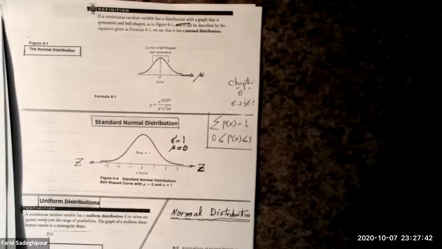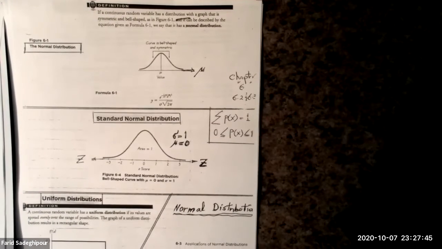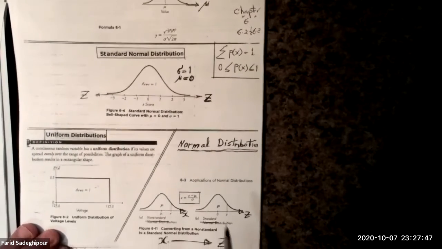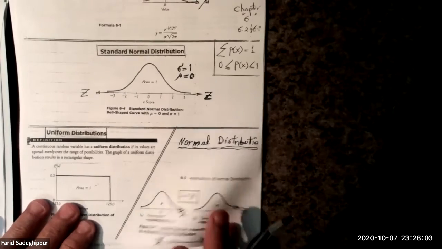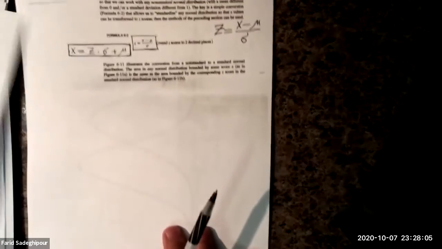Now, sometimes you don't deal with Z, you're actually dealing with X, the real numbers in probability. In that case, you cannot use those tables anymore unless you convert X to Z from this formula. I have it here.